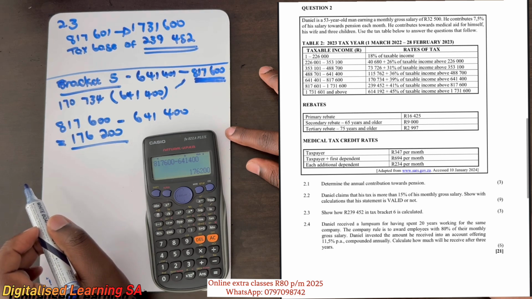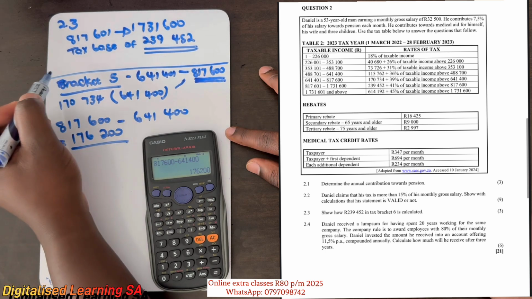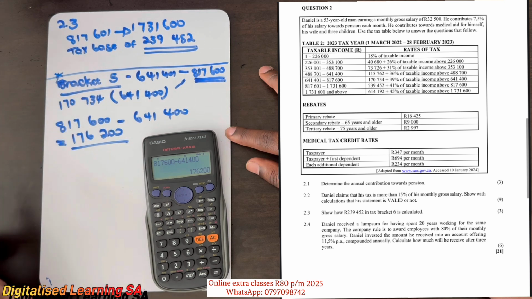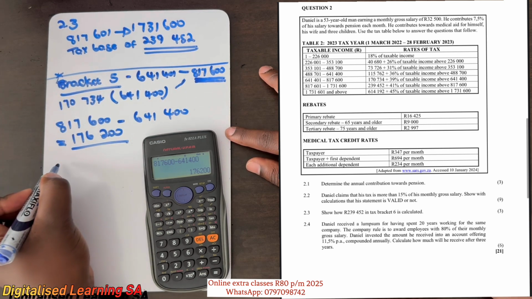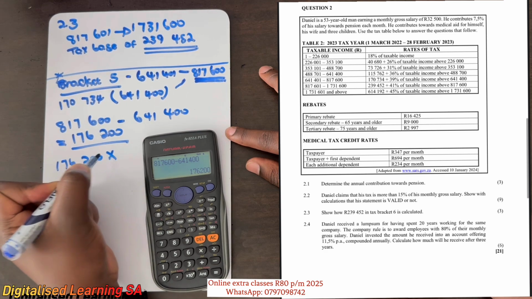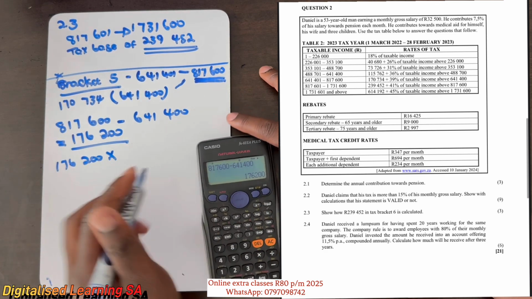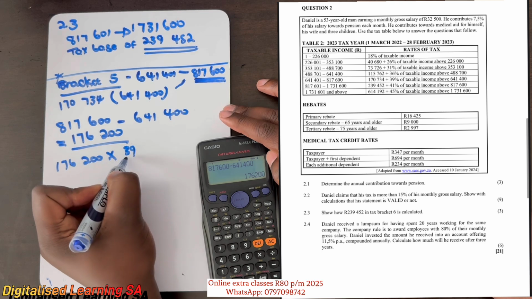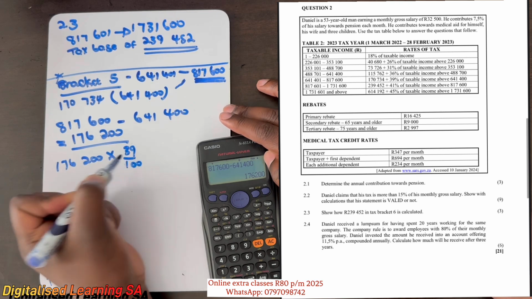So now we need to calculate the outstanding tax for this amount, and we know that the tax percentage for bracket 5, remember we are focusing on bracket 5, is 39%, meaning that we need to say 176,200 multiplied by 39 divided by 100.